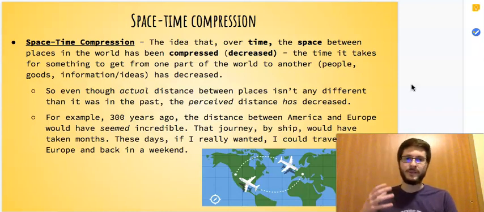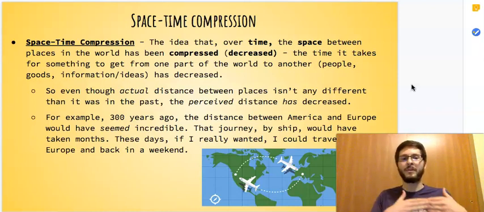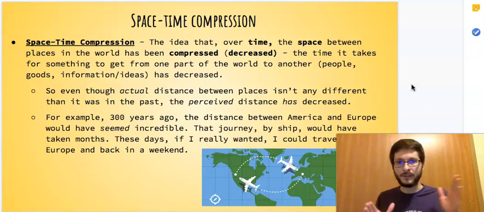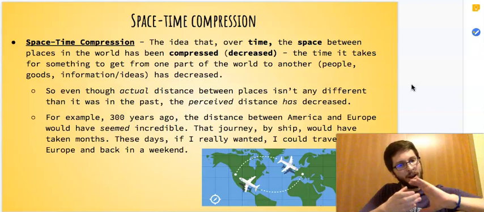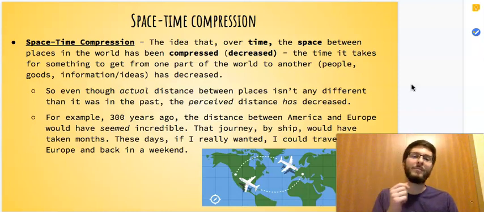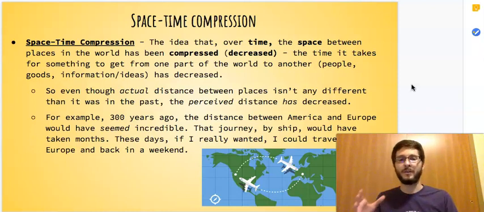It's the idea that over time, as we progress through time, the space between places in the world has been compressed or decreased, right? The time it takes for something to get from one part of the world to another has gone down. It's decreased.